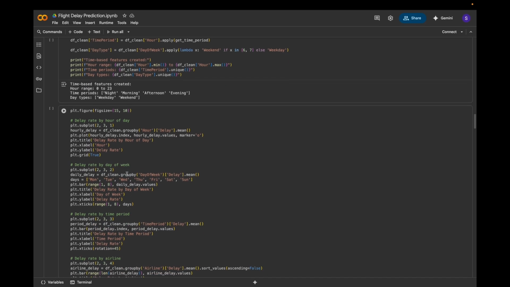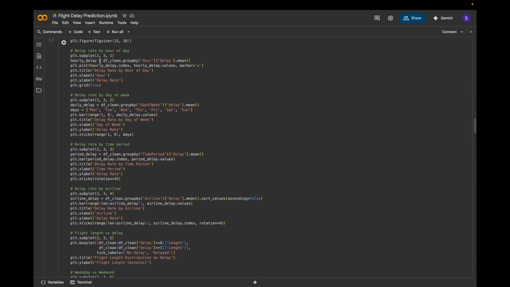Next, we move on to visualizing time-based patterns. So plt.figure with figsize 15 by 10 basically creates a figure of 15 times 10 dimension. Then here we plot the delay rate by hour of the day by using hourly delay equal to df_clean.groupby hour delay mean over here.